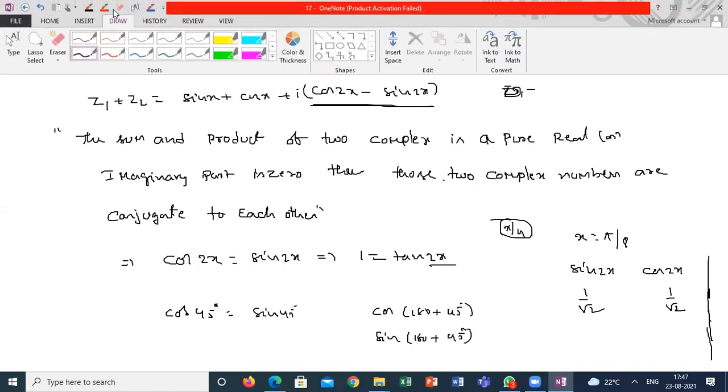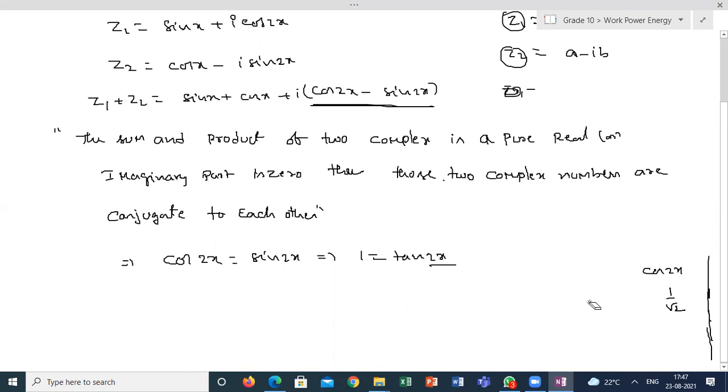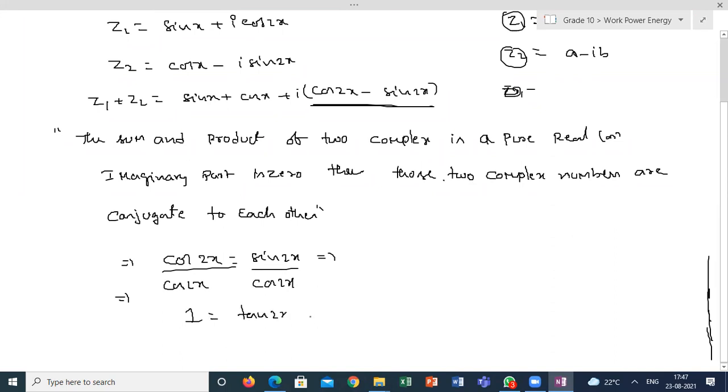So in my solution, if I have two algebraic expressions, it will be a little tough to calculate. So what I am doing is making it into a single trigonometric ratio. Dividing everything by cos 2x, this is also cos 2x. So I will get 1 is equal to tan 2x. This is like tan 2x will be equal to tan pi by 4.